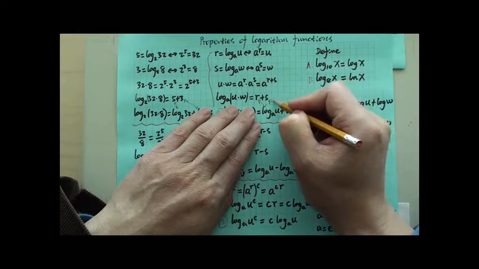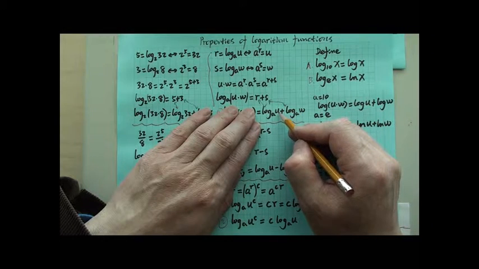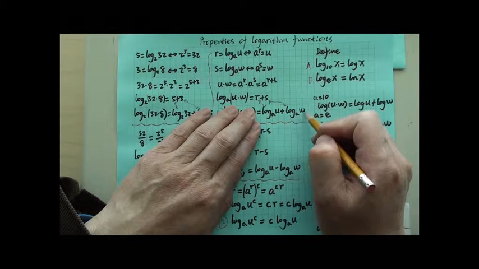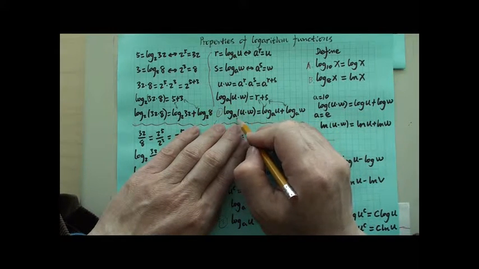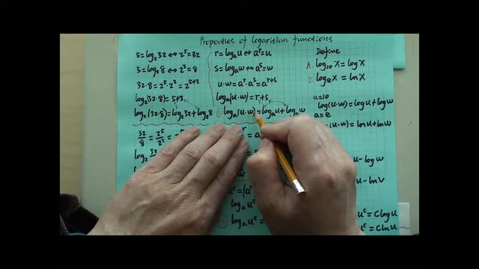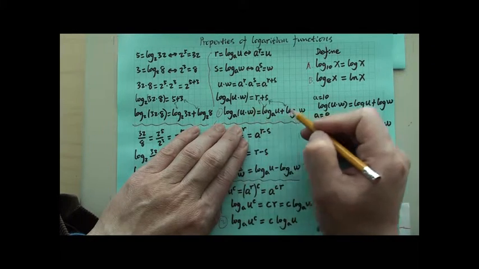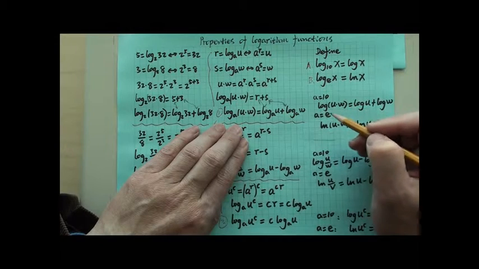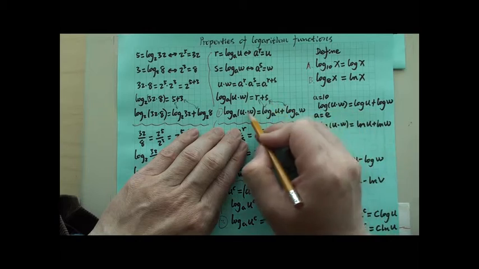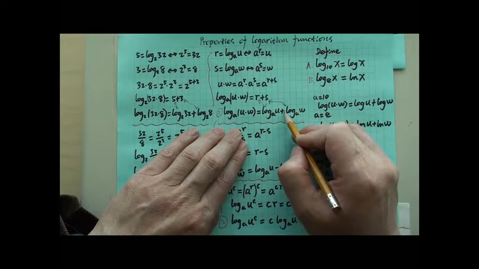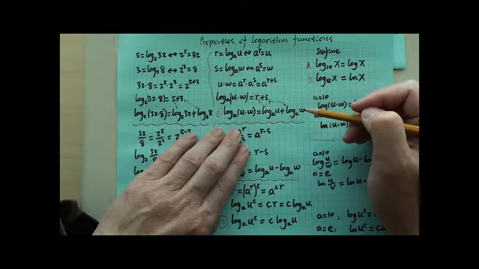Then again, right hand side is log base a to the u plus log base a to the w. Left hand side is log base a to the u times w, parenthesis. Here multiplication, here addition. So this property is change the multiplication into addition, like this example.